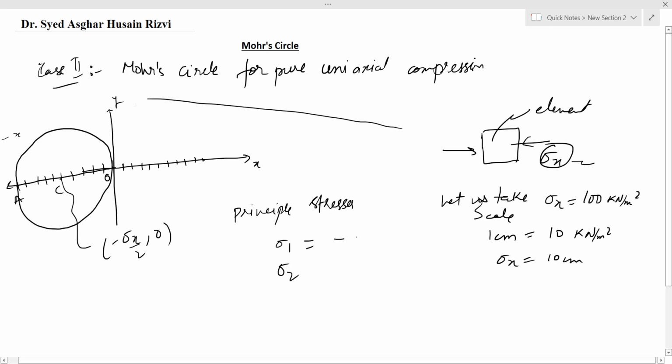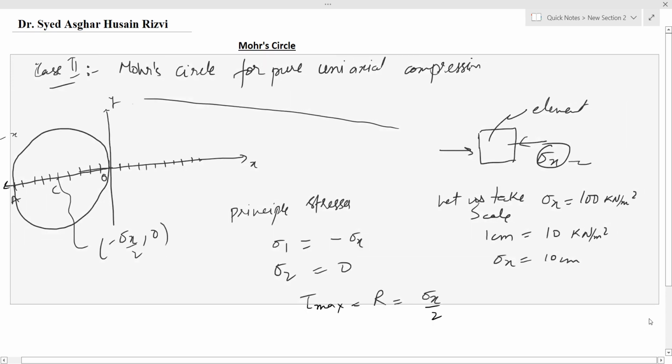Sigma 1 equals to minus sigma x, and sigma 2 will be equals to 0, and the maximum shear stress tau max will be equals to the radius, and here also, since we take the magnitude, the radius will be sigma x by 2. So this is case 2 for Mohr circle considering pure uniaxial compression. Now we will move on to case 3.